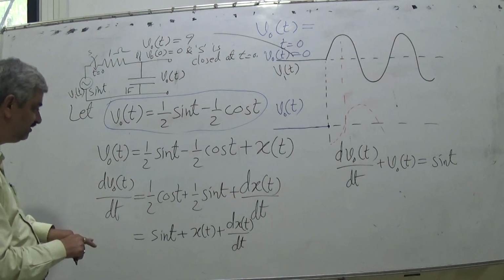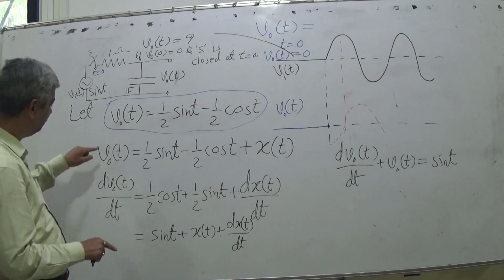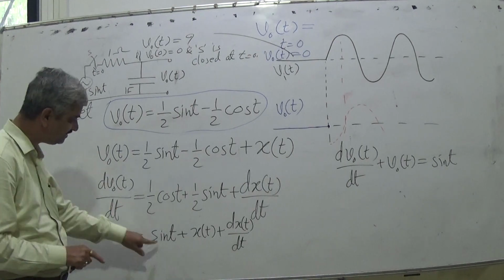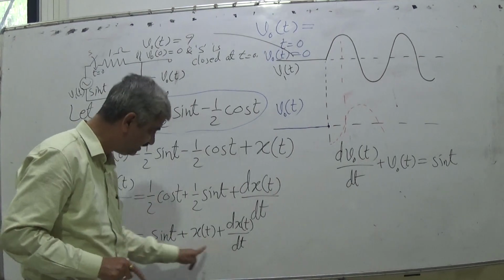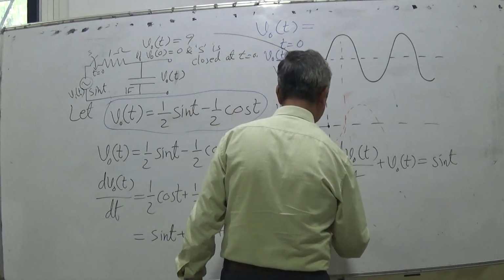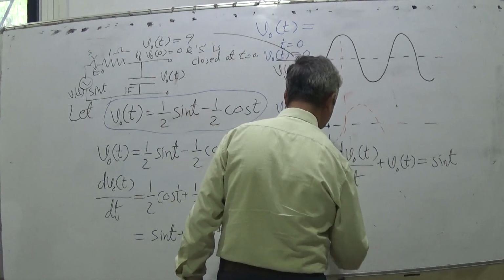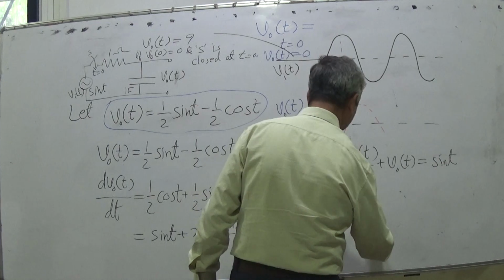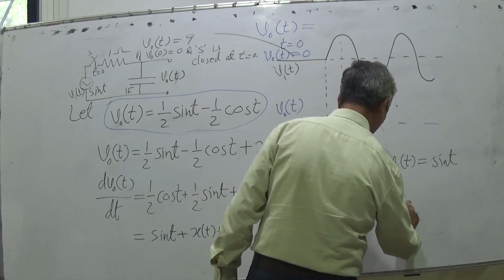What I want is that dV_o by dt plus V_o must be sin t, which means this must be 0. So dx(t) by dt plus x(t) must be 0.